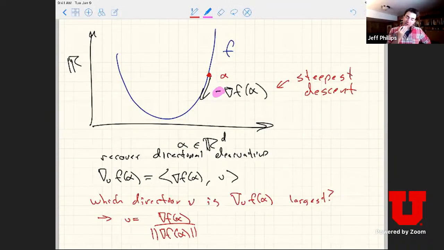Okay, I got through everything I wanted to get through. It's a little bit rushed at the end, so I'll probably try and review this a little bit at the start of the next lecture. But kind of, if you have a convex function, right, it means that there's going to be a local minimum.